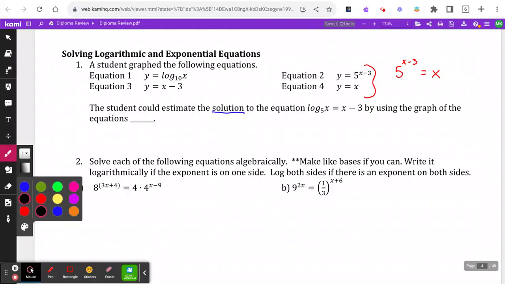You could rearrange that using logs. So this would be log base 5 of x equals x minus 3, which is what they gave us here. So you would have to graph equations 2 and 4. Tricky.